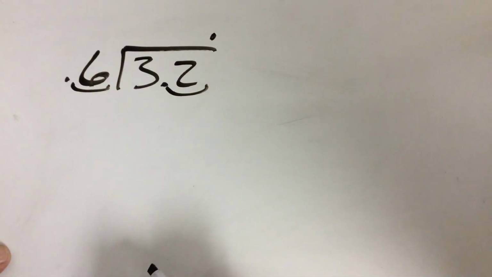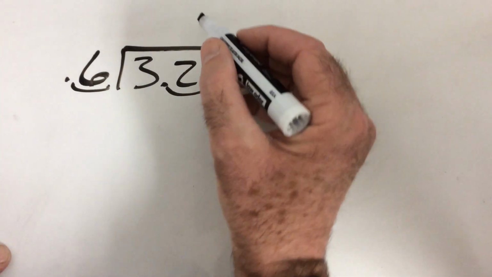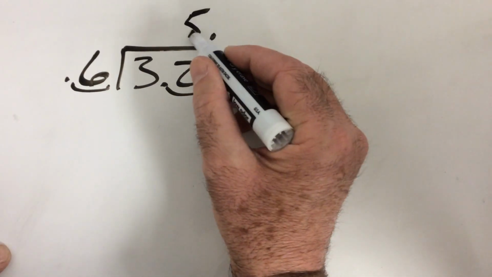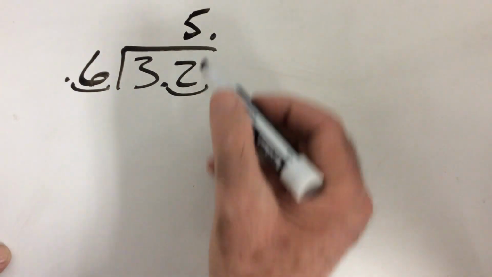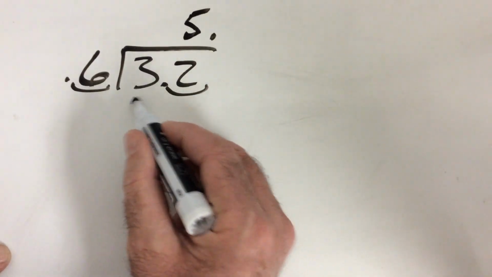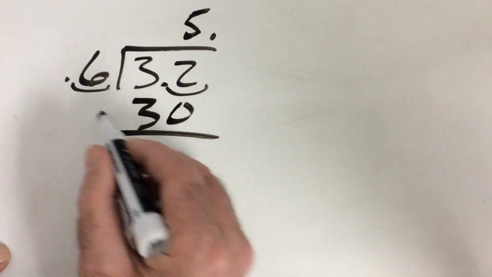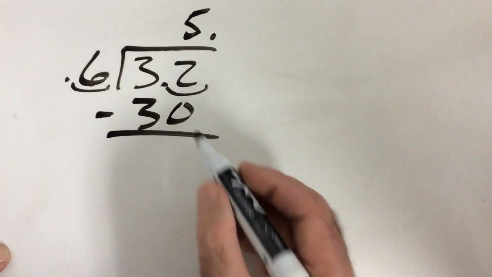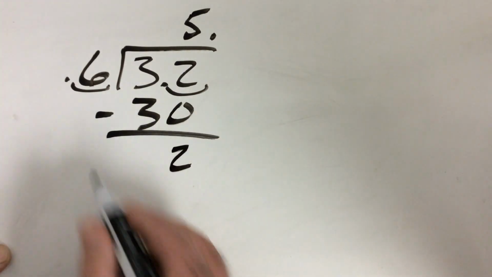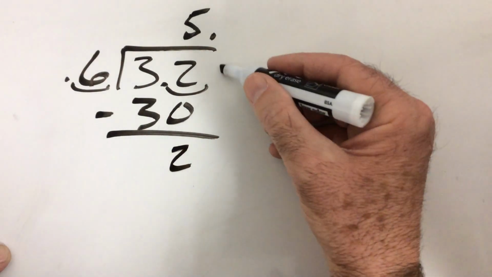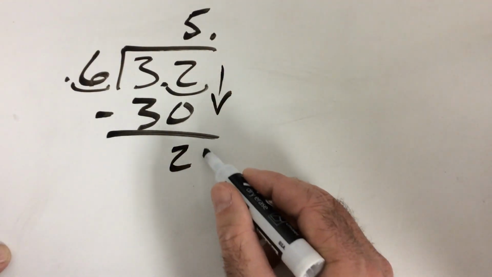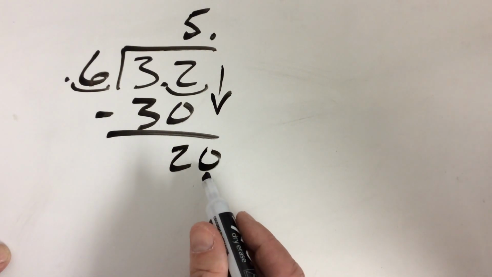So 6 goes into 32 5 times, right? 6 times 6 is 36. That's a little high. So 5 times 6 is 30. And then we subtract. 32 minus 30 gives us 2. 6 does not go into 2. Let's drop a 0 down. 6 does go into 20.